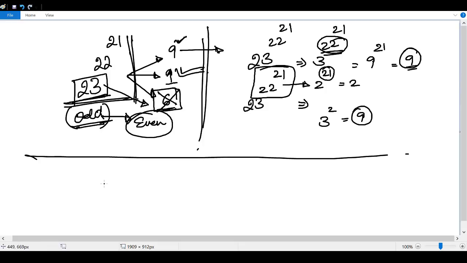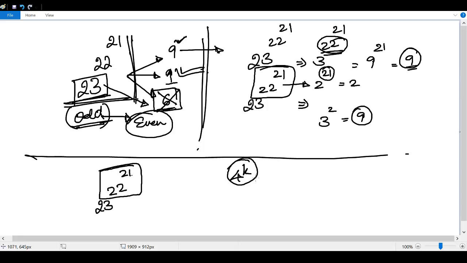Now, let's look at 23 to the power of 22 to the power of 21. What makes a number a multiple of 4?